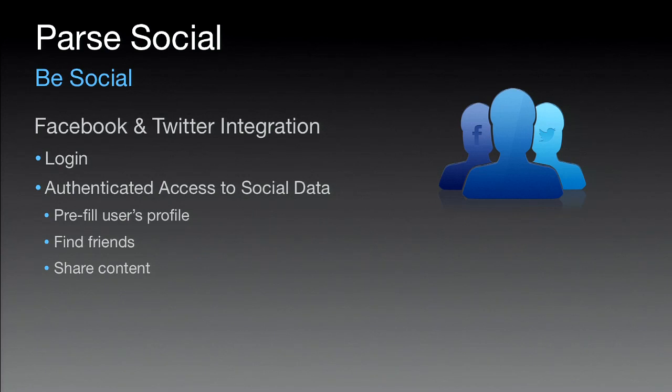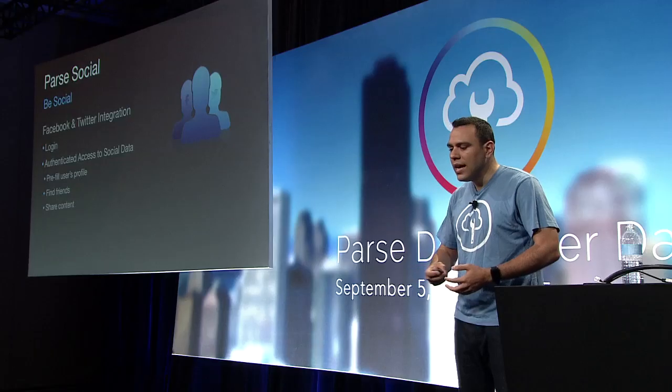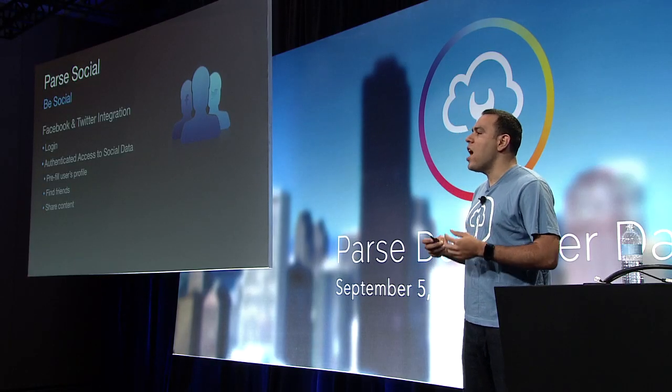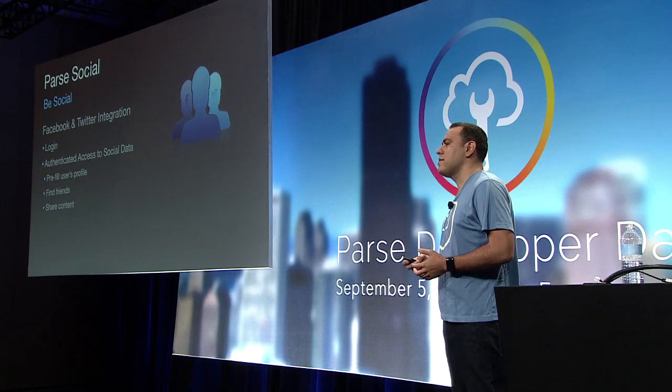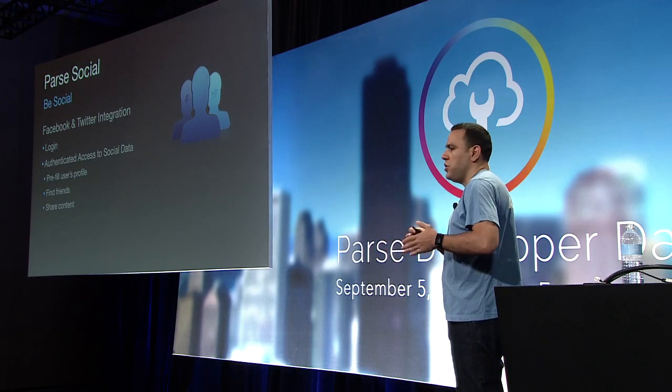I talked about Facebook and Twitter login. If you let your users link their user accounts to Facebook or Twitter, not only are you getting access to their identity and you can confirm that they are a real person, you can now make authenticated requests to each network as a user.